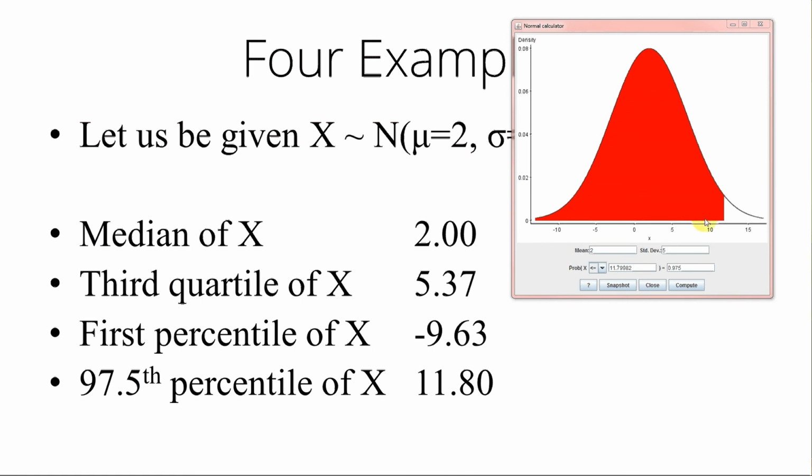Which means that here's that x value of 11.79982. 97.5% of the curve is to the left of it. The probability of x being less than 11.79982 is 0.975. Those are equivalent.